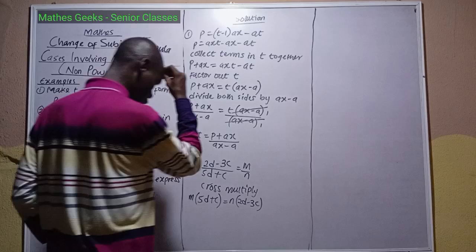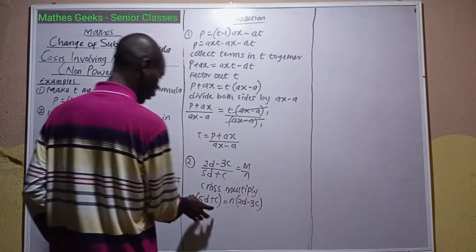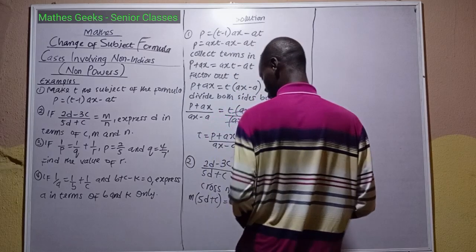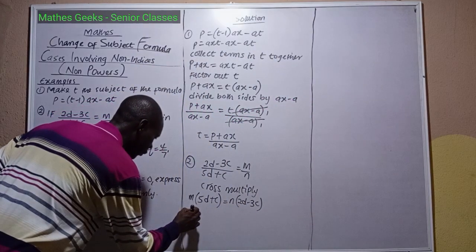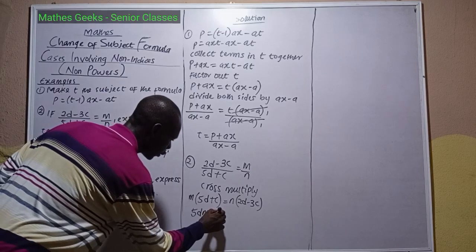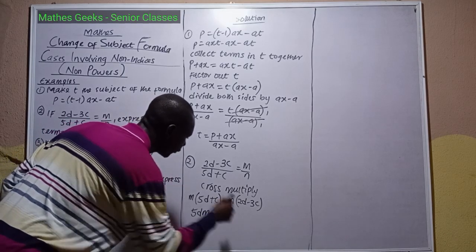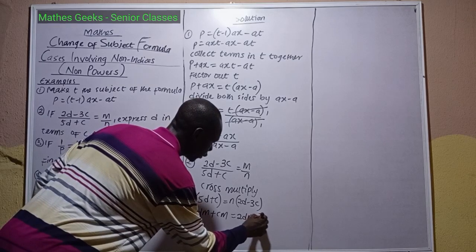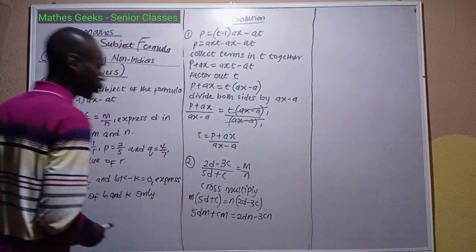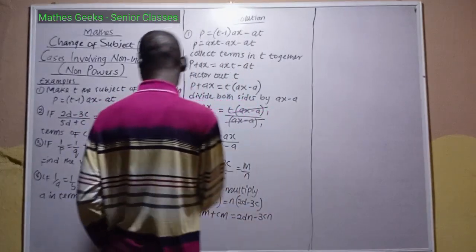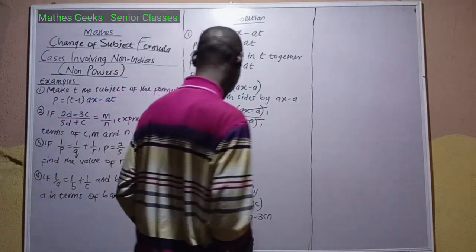Now we need to expand both sides. When we expand, this will give us 5DN plus CN is equal to 2DM minus 2CM. So we need to collect terms in D, because D is the letter we intend to make subject of the formula.